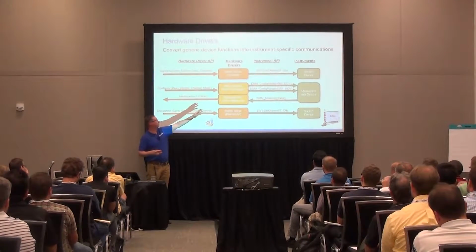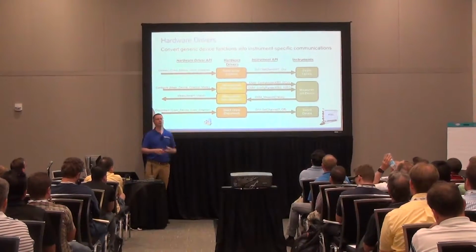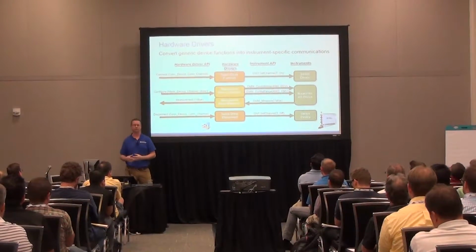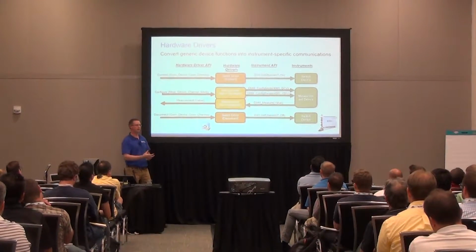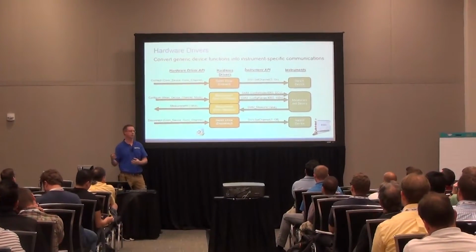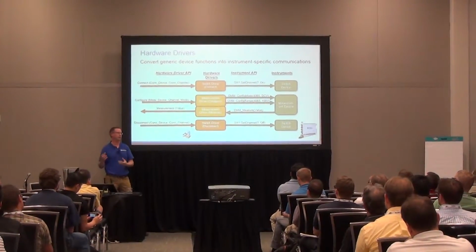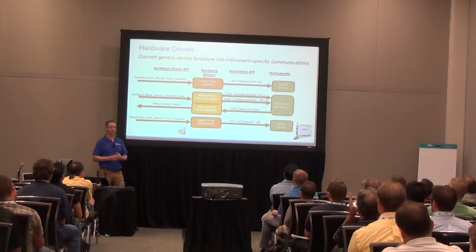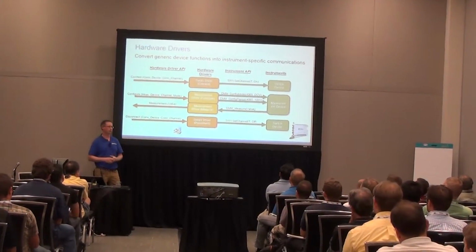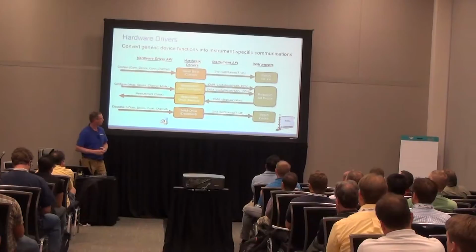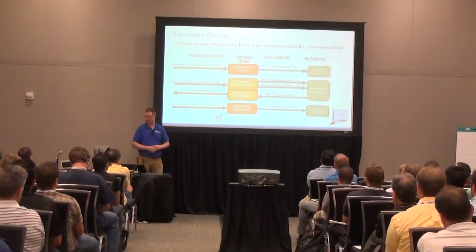And then from them, they pass down the very specific commands for an instrument. This could be the GPIB or the SCPI commands that go down to a boxed instrument. This might be the NI-SWITCH and NI-DMM driver functions that you use when you would write a specific driver. And so that goes down finally to the instrument.